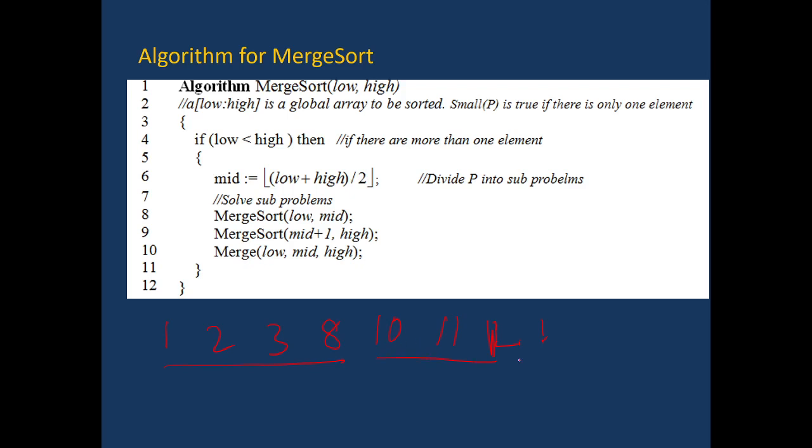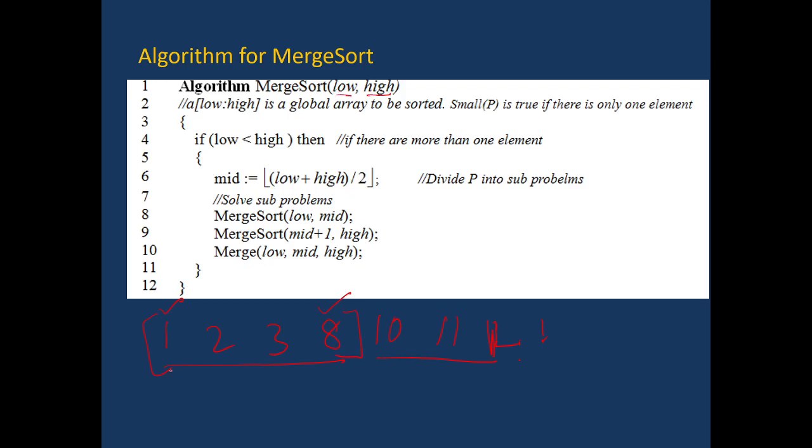Sometimes we need to sort only this part. It's not always that we are sorting the entire list. Sometimes we have to sort part of the list. So for that reason, we will be passing boundaries. What is the index of this? What is the index of this? From this to this only, please sort. In that way, we will be passing only boundaries. That's the reason the arguments are low, high.